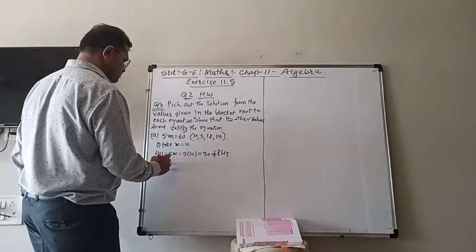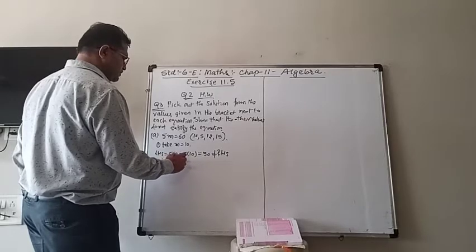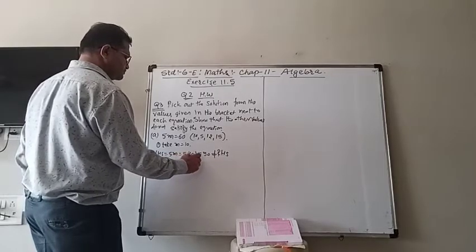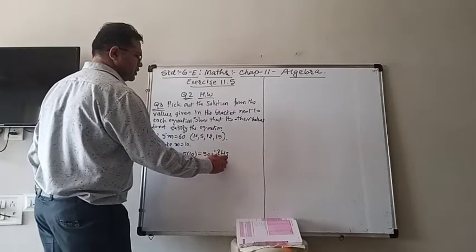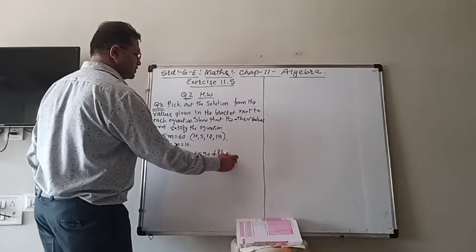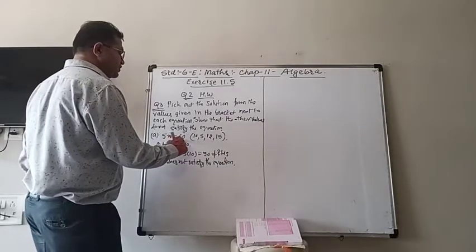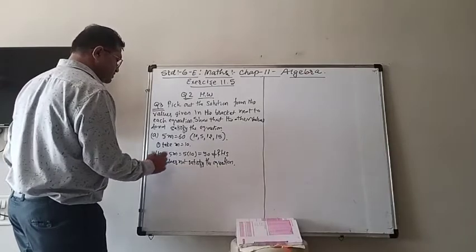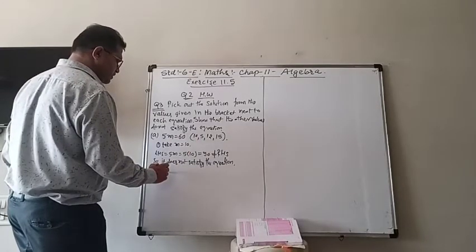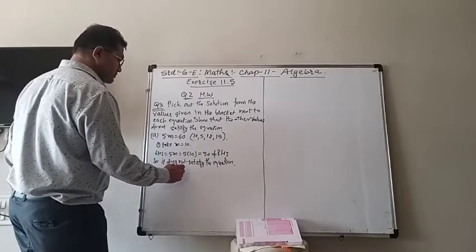So it does not satisfy the equation. Only when the LHS and RHS are equal, meaning the LHS value will be 60, then only it can be a solution. Second one, take m equal to 5.